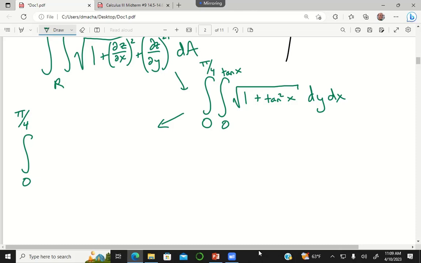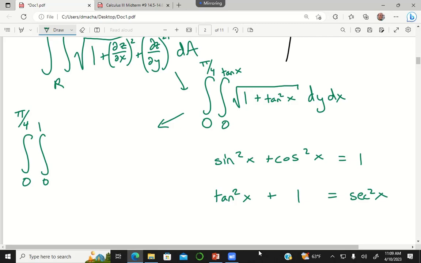What I remember is that sine squared plus cosine squared is equal to 1. That's what we call the Pythagorean identity. But if we divide everything by cosine squared, sine squared over cosine squared is tangent squared. Cosine squared over cosine squared is 1. And 1 over cosine squared is secant squared. Cool. So where I have 1 plus tangent squared, that's just secant squared. And then the square root of secant squared is just secant.